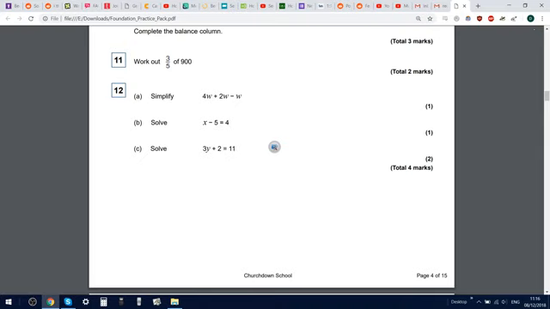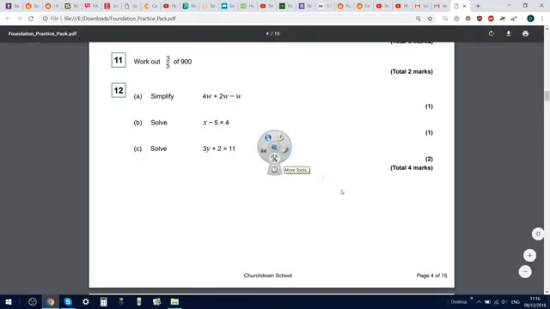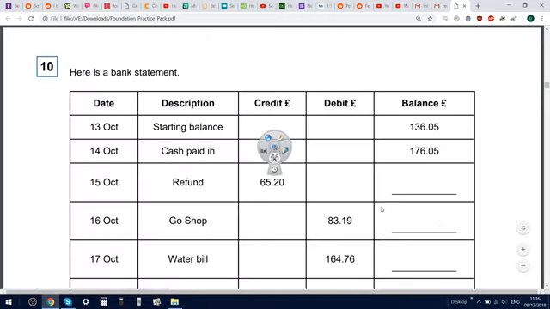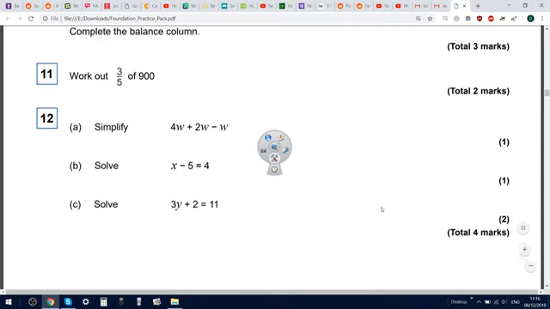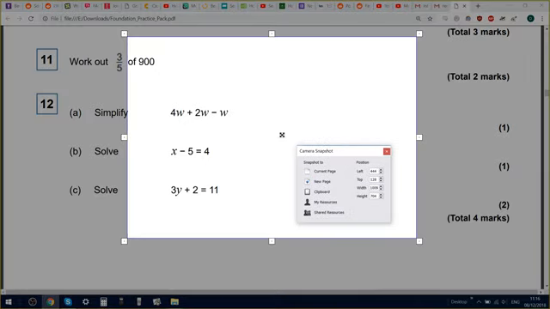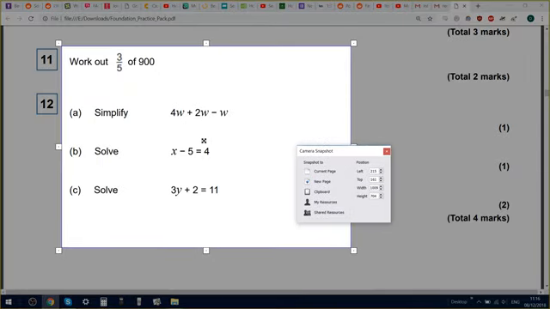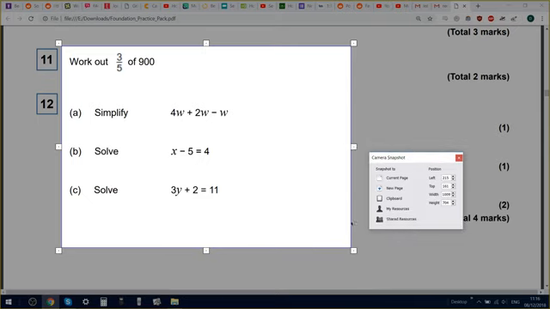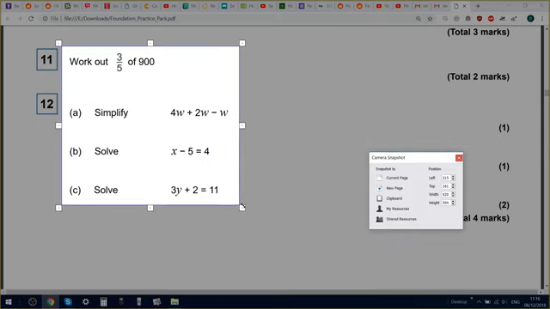Would you do 900 divided by 5 and then times by 3? Yep. And that is 540. Okay. How about these next ones? Okay. Would the first one be 5W?